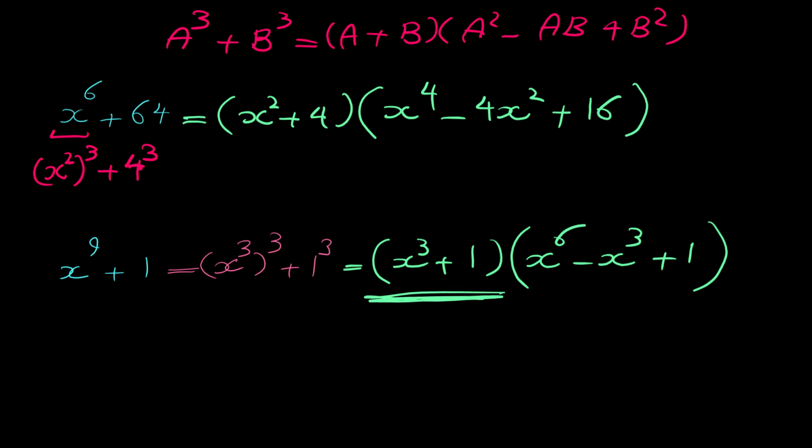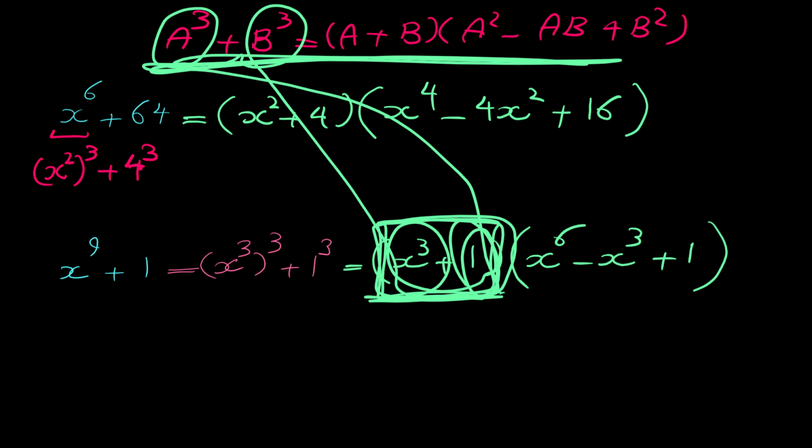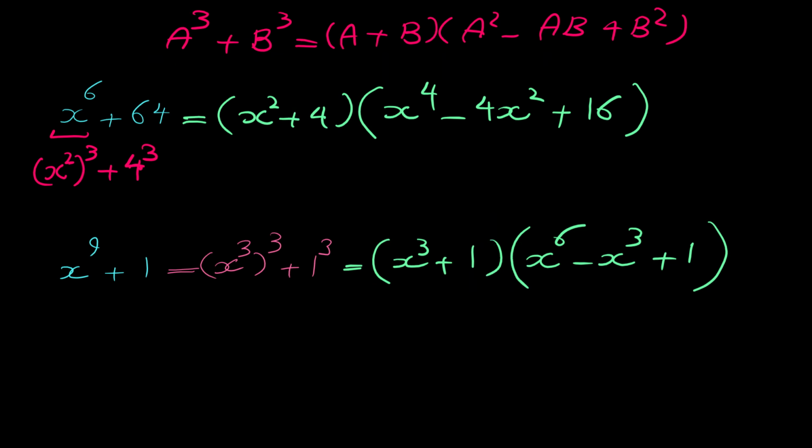When we get to here, we notice that we have something that fits with this formula again: a3, b3, x3, 1 to the 3. So we can factor this bracket again.